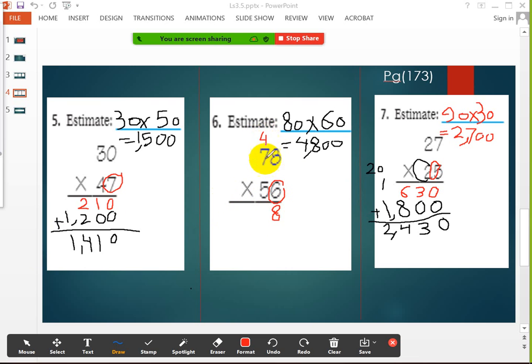Now 6 multiply 7 equals 42 plus 4 equals 46. Very good. So I will write 46 right here. Thank you so much, Duha. Let's continue now.